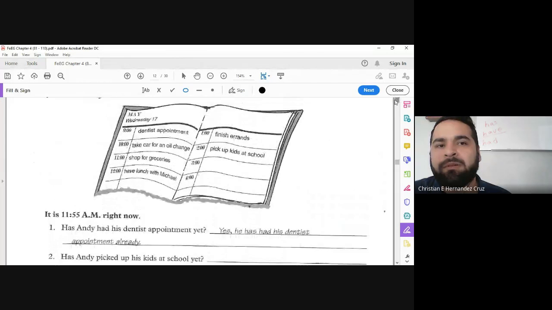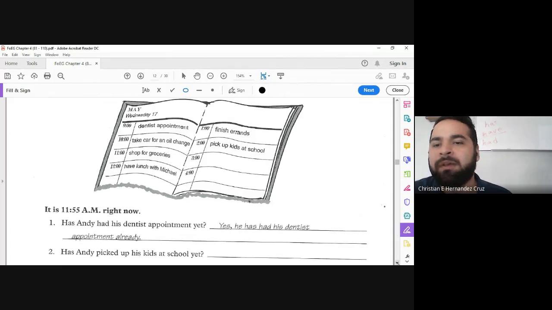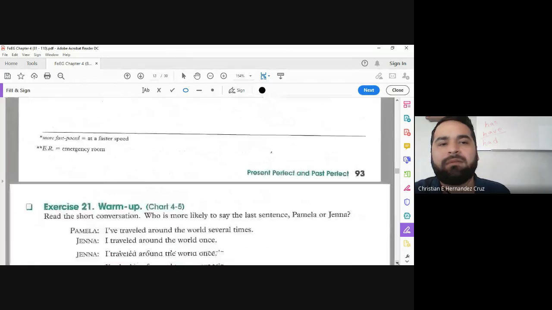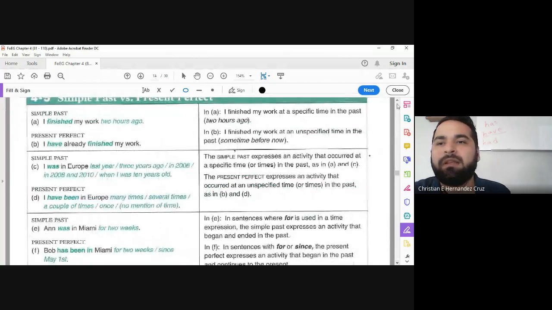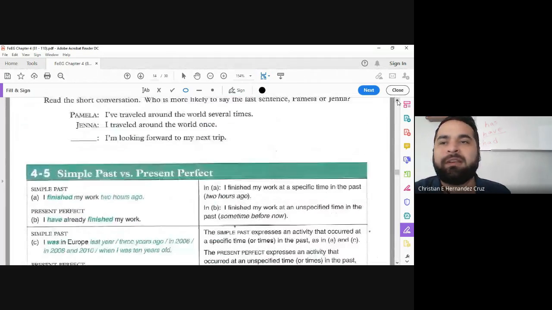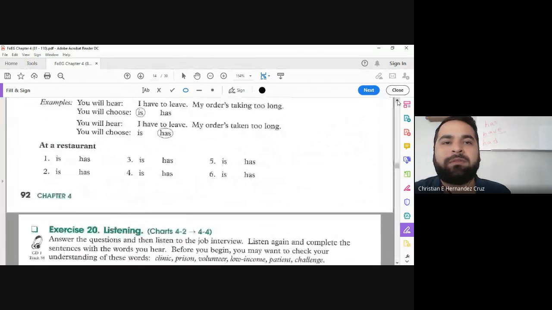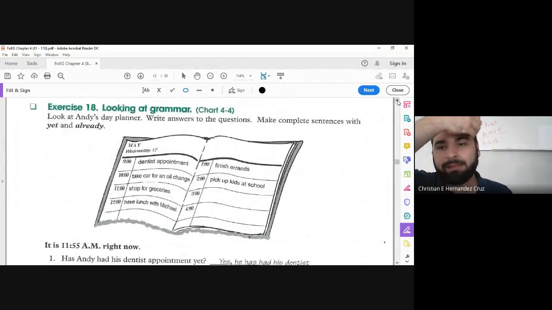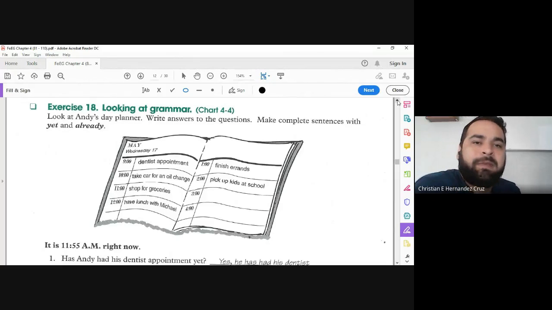Pero ya con el tiempo que nos queda, I guess we could do one or two. Okay. I did want to touch base on this, but con el tiempo que nos queda, I don't think that's going to happen. So we'll just do that for next class. So anyways, let's just answer a couple of these and then we can get going.